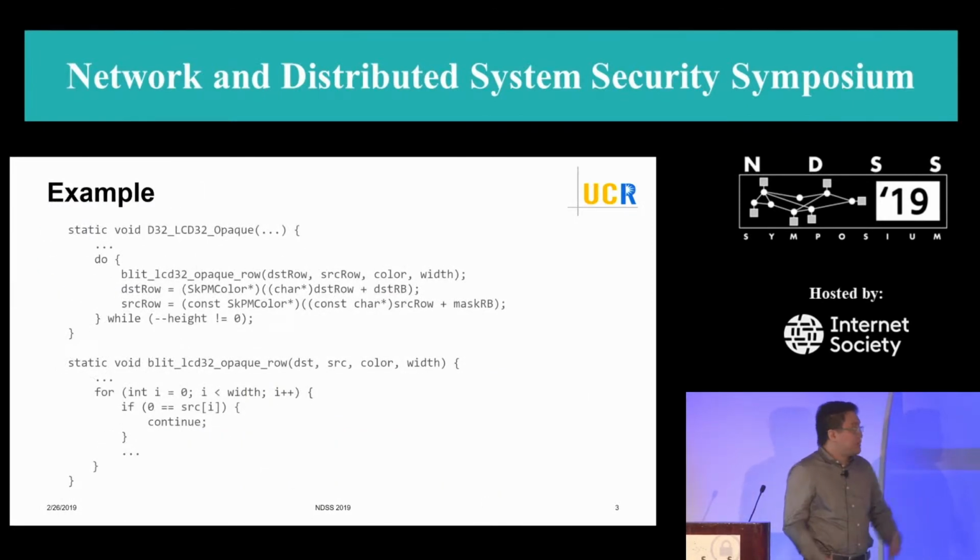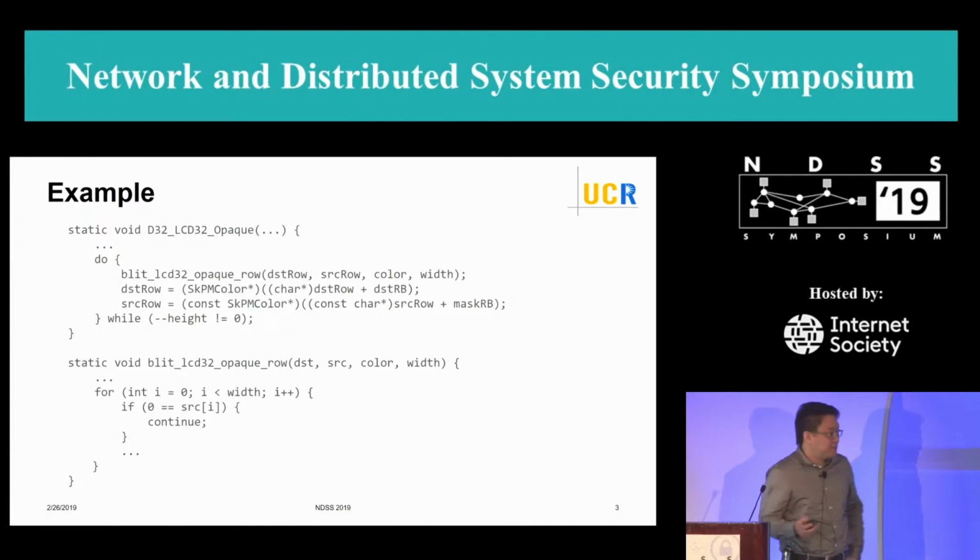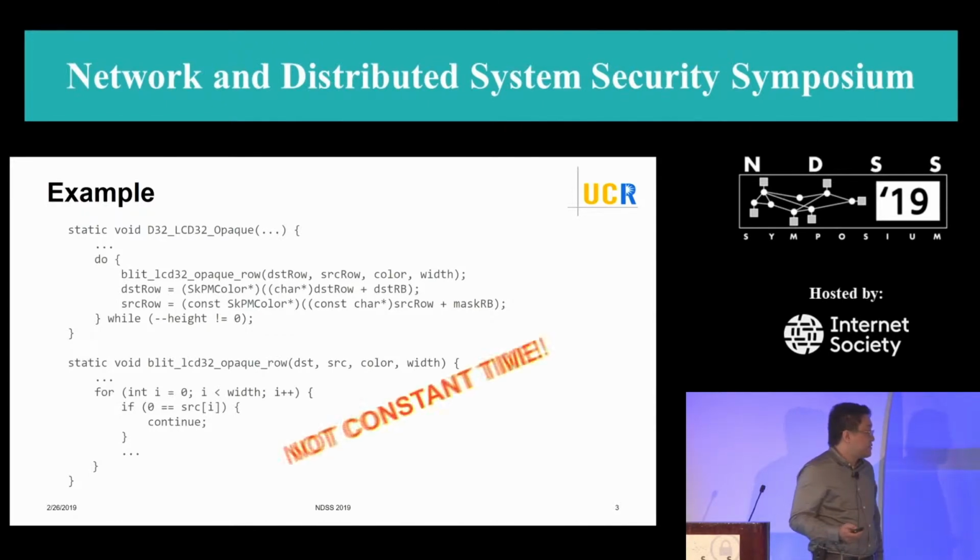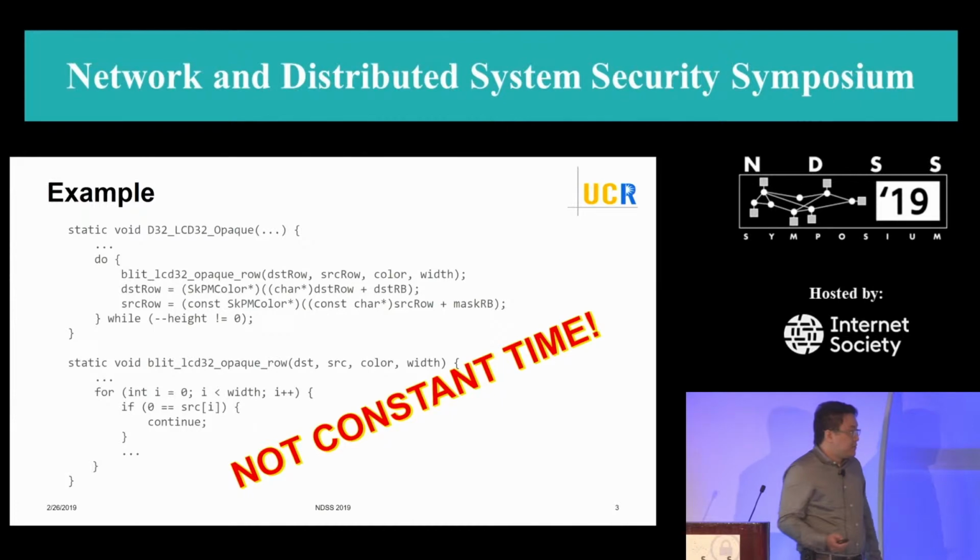Now, let's take a look at this example, which is code from the Skia graphics library. You can see the first function scans row by row, and in each row, it calls a second function, which scans left to right, pixel by pixel. And if there's nothing to do for one specific pixel, you just skip. So one problem is that it is not constant time.